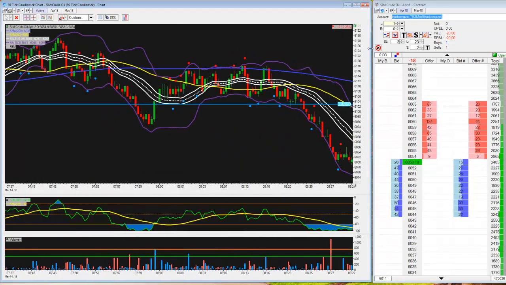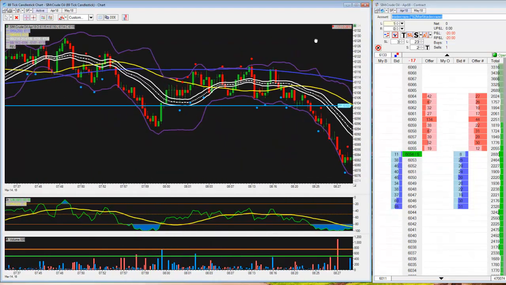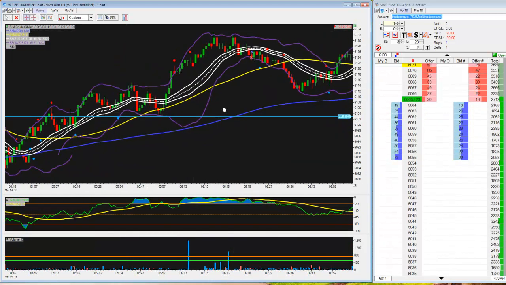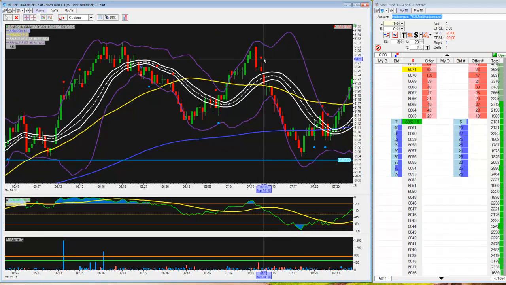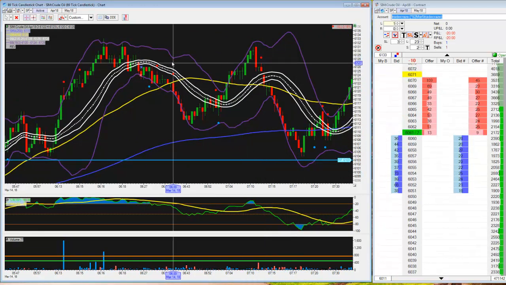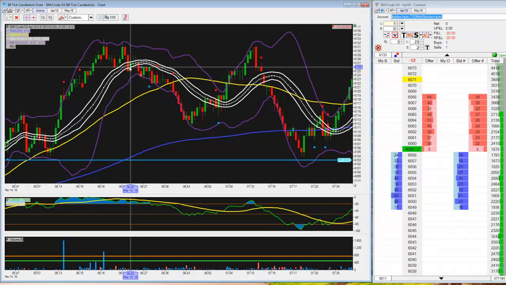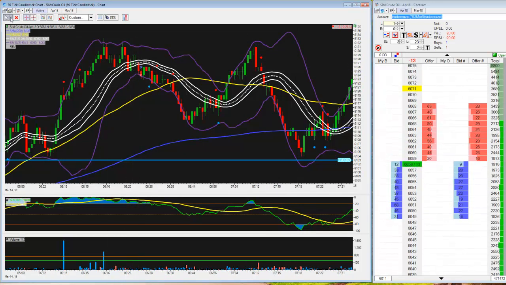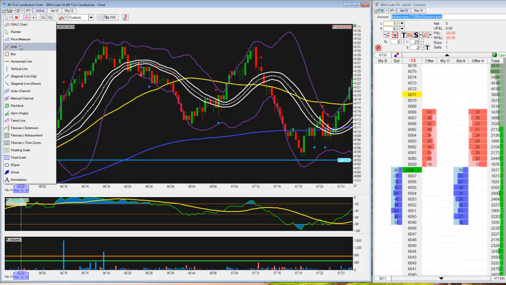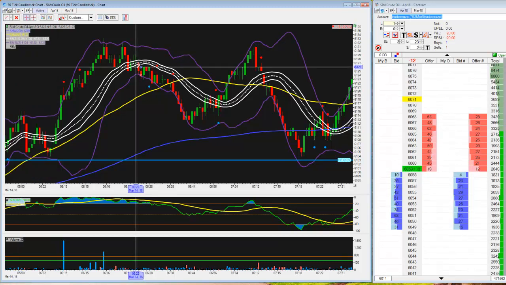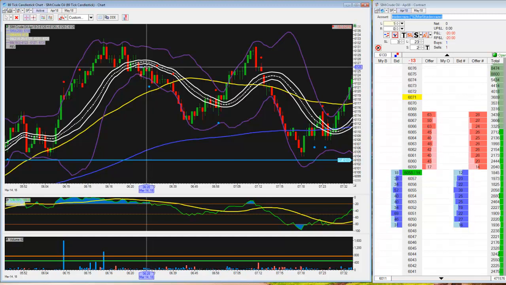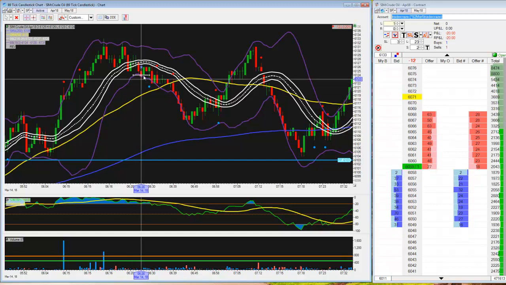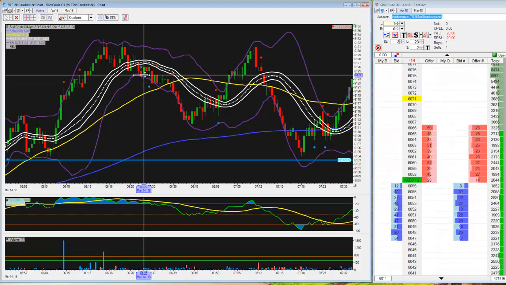Overall, I got in at 6:26 a.m. Alright, so I got in right here. There's my X. So 6:26. Actually, that's the stop. That's the trade itself. A 10 tick stop.